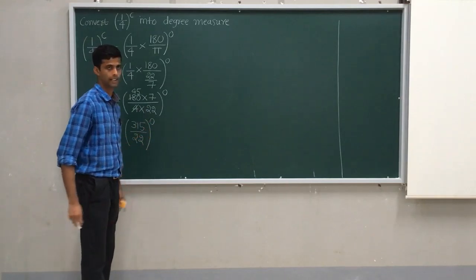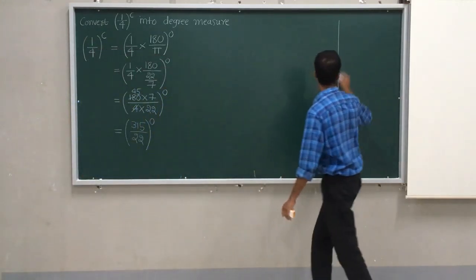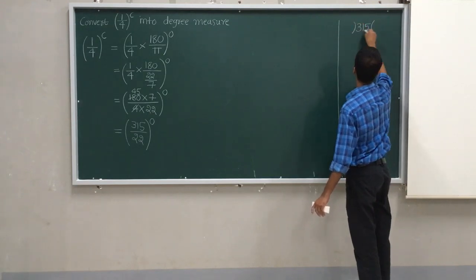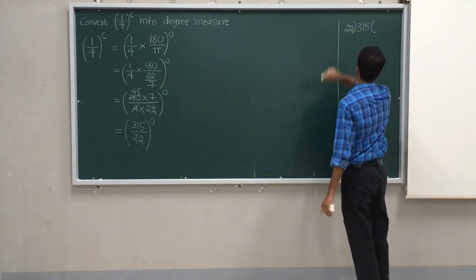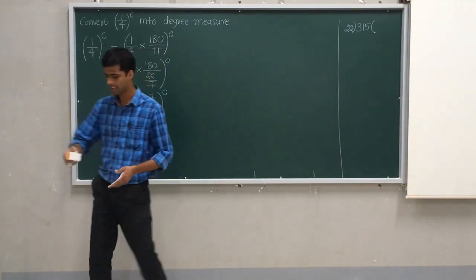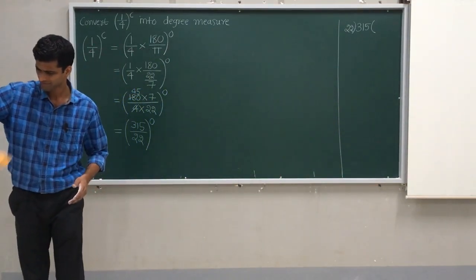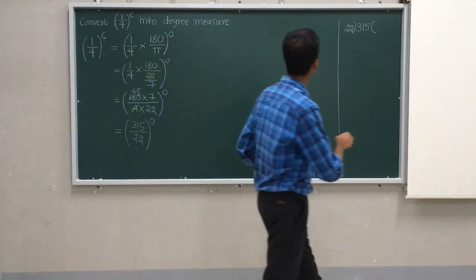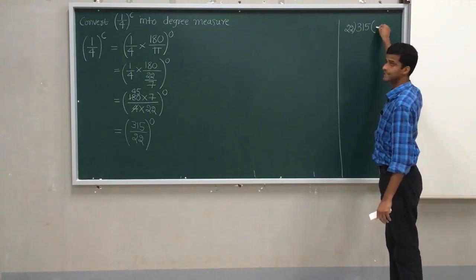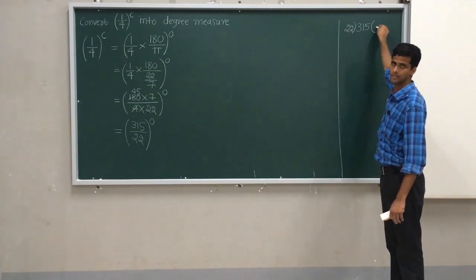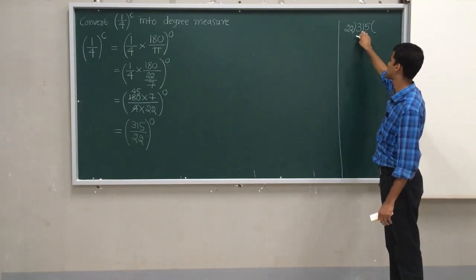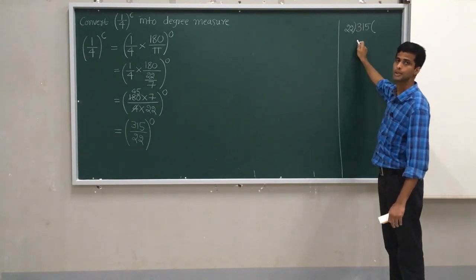Now I will calculate 315 divided by 22. You have to use a somewhat longer version of the calculation. 22 tens are 220, a long gap from 315.